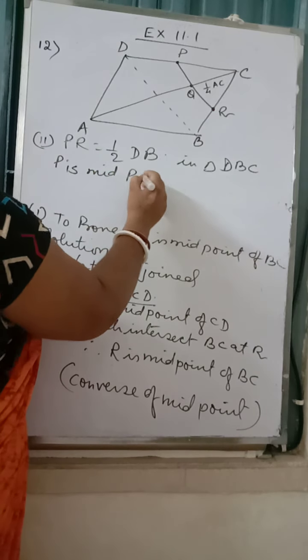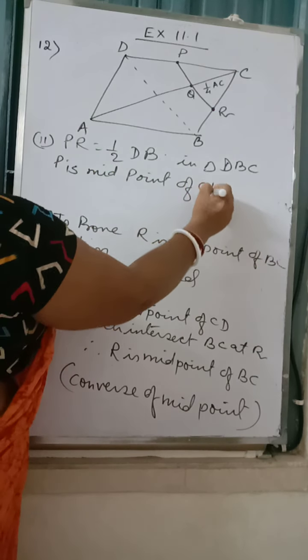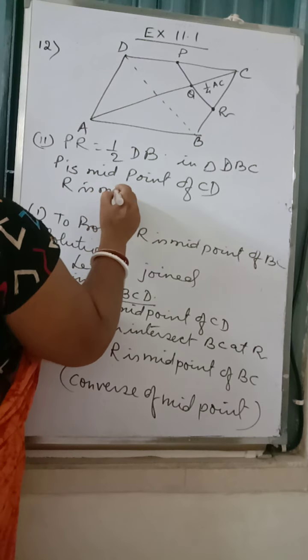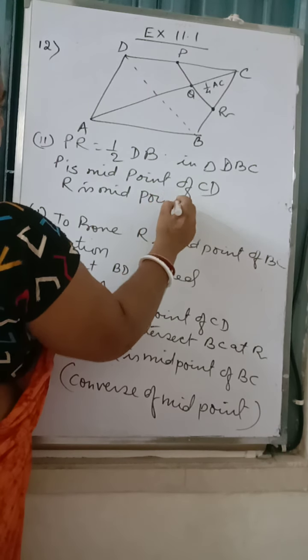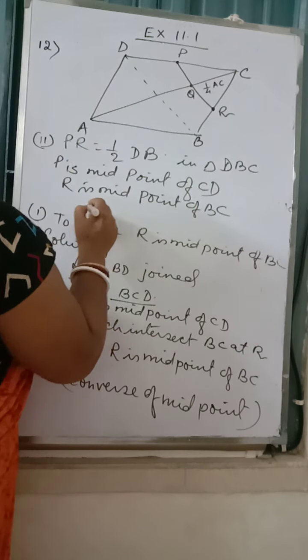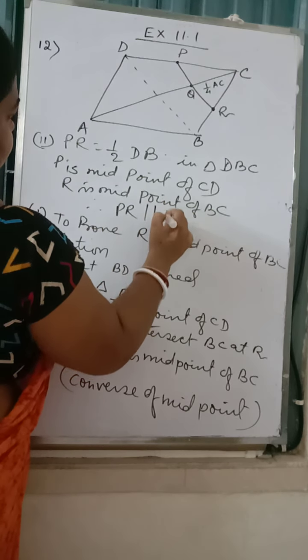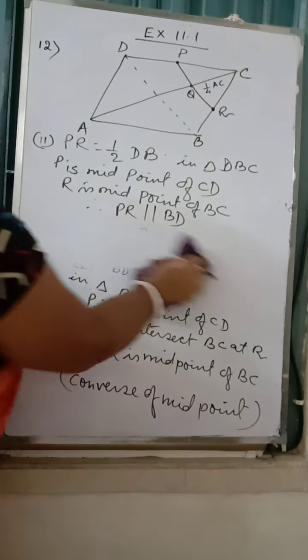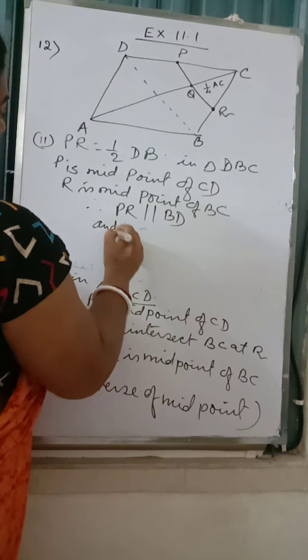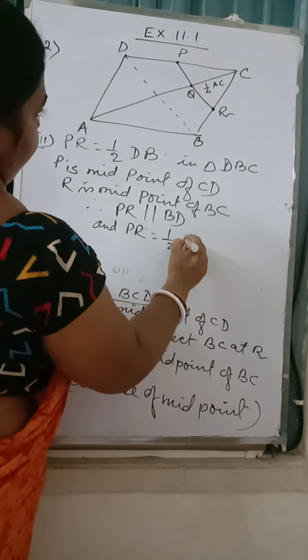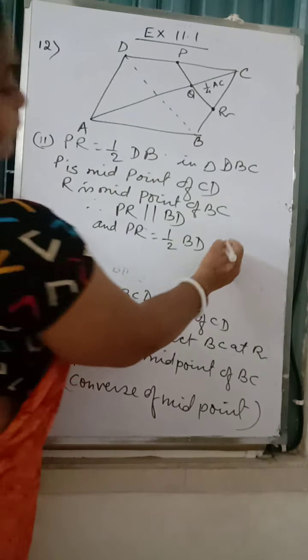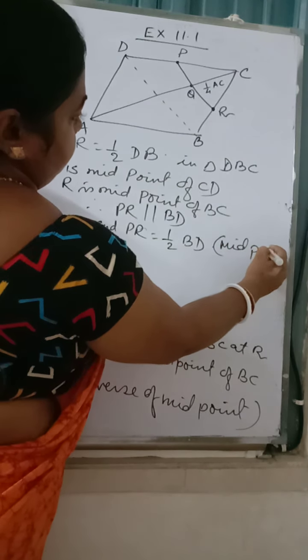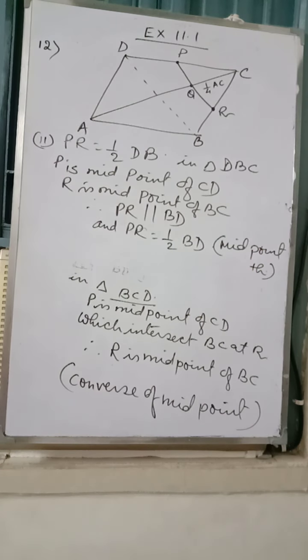P is a midpoint of CD, R is a midpoint of BC. So PR is parallel to BD and PR is half BD. Midpoint theorem. So this is done. First one is converse of midpoint theorem. Second one is midpoint theorem.